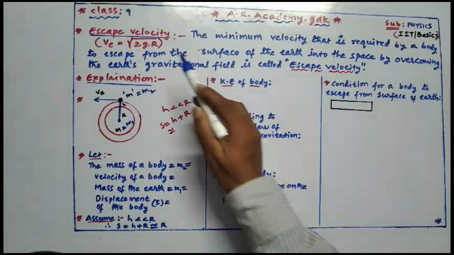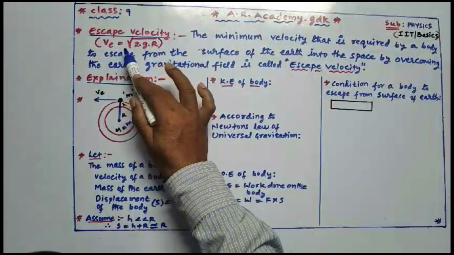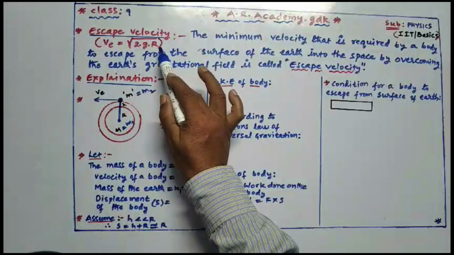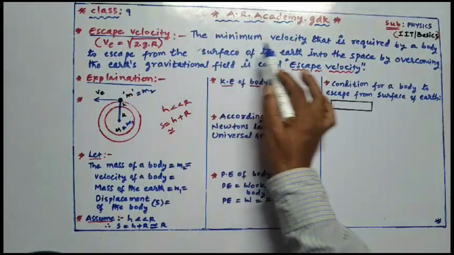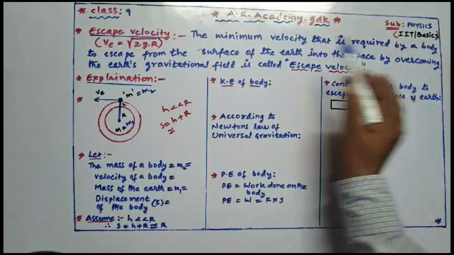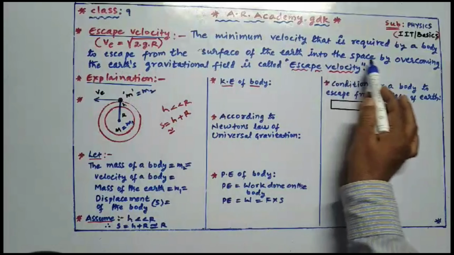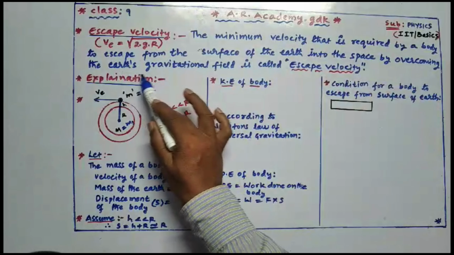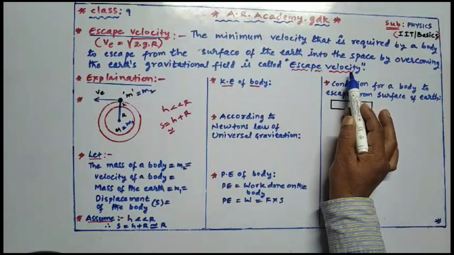Okay, today our topic is about escape velocity. VE equal to square root of 2GR. Escape velocity, concentrate more. The minimum velocity required by a body to escape from the surface of Earth into space by overcoming Earth's gravitational field is called escape velocity.